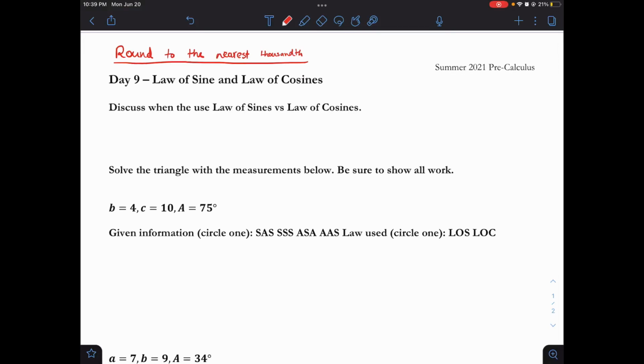Okay, so let's do this. Discuss when the law of sines versus the law of cosines are used.